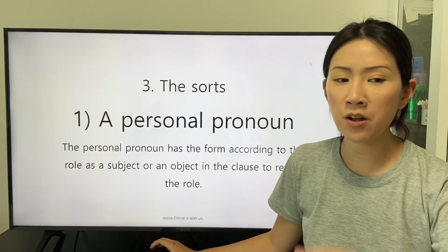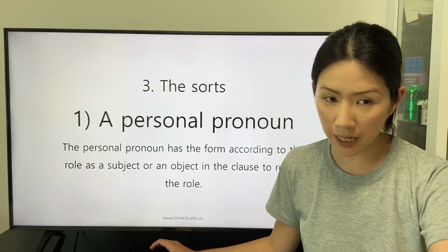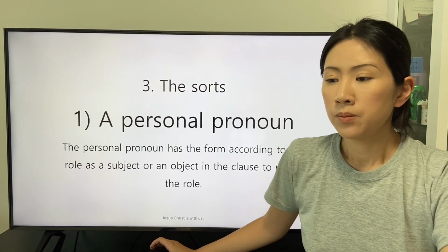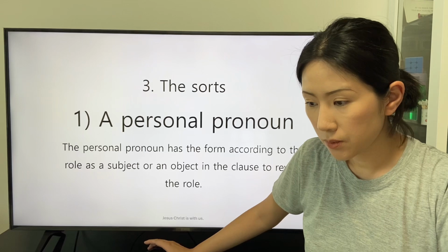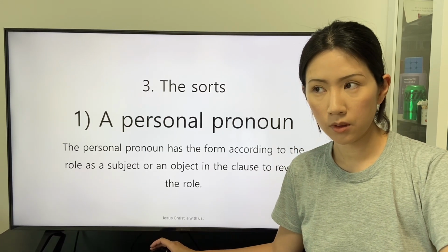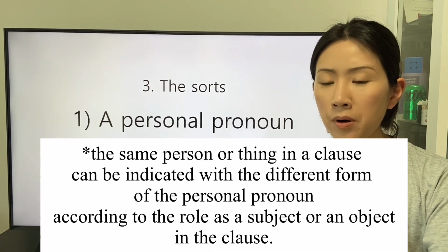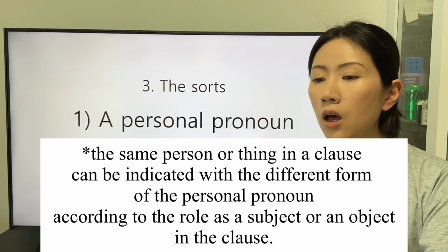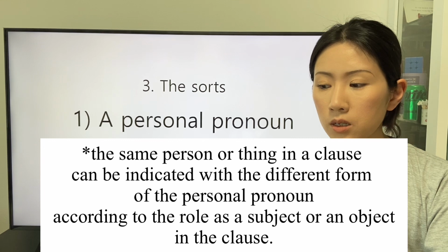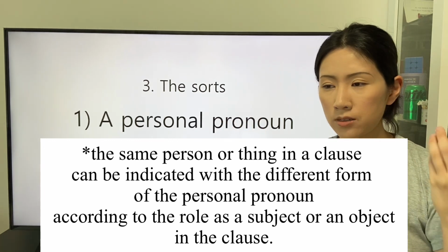The personal pronoun has the form according to the role as a subject or an object in the clause to reveal the role. This means that the same person or thing in a clause can be indicated with a different form of the personal pronoun according to the role as a subject or an object in the clause.